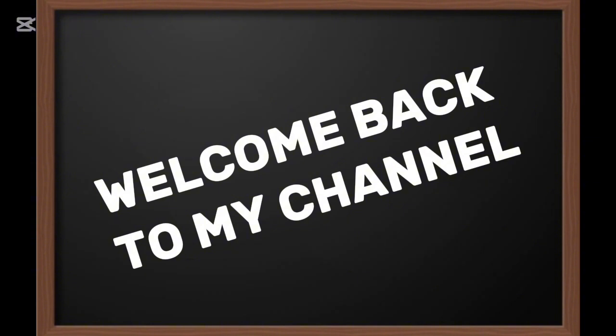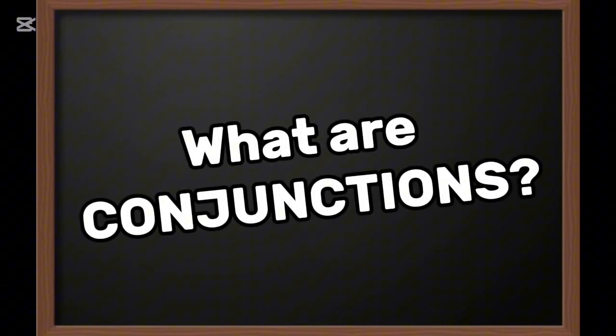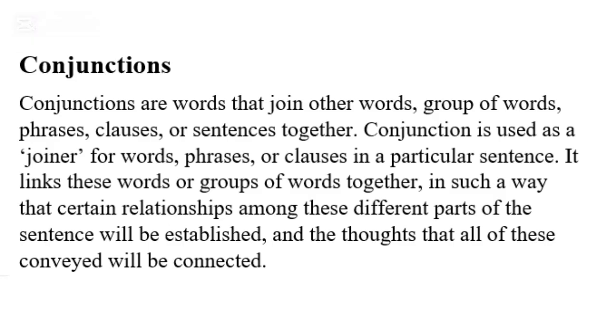Today, we'll be looking at what conjunctions are. Conjunctions are the words that connect words, phrases, and clauses in sentences. They enable us to express our thoughts and ideas in a clear and coherent manner.